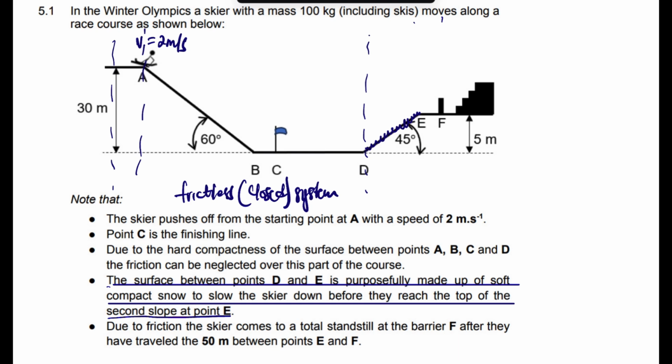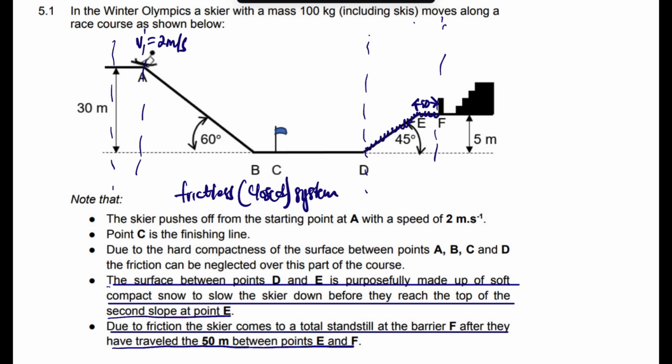So if there's a friction, that means it's an open system. It says due to friction, the skier comes to a total standstill at the barrier after they have traveled 50 meters between point E and F. So the displacement there is 50. So also there's a friction there.